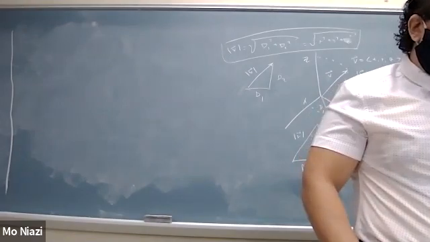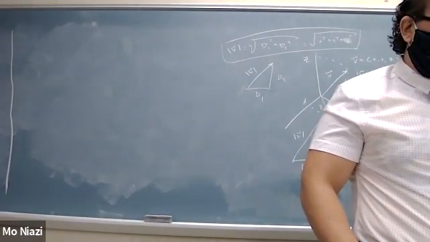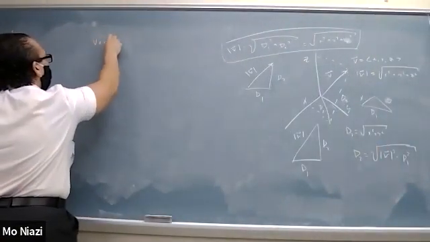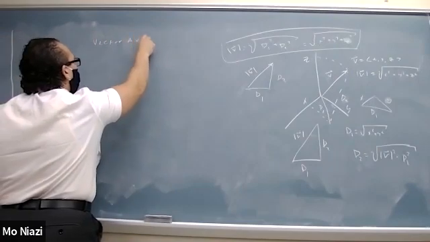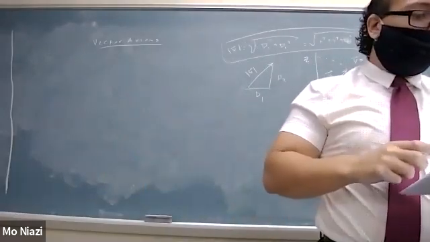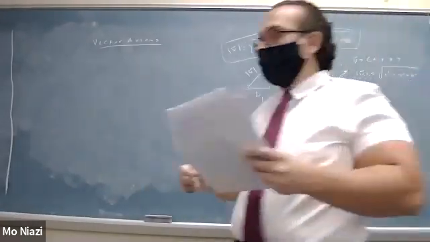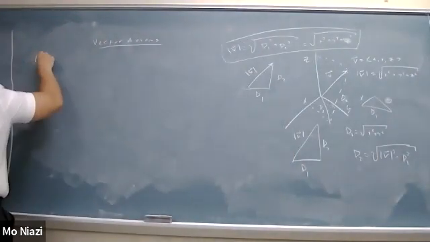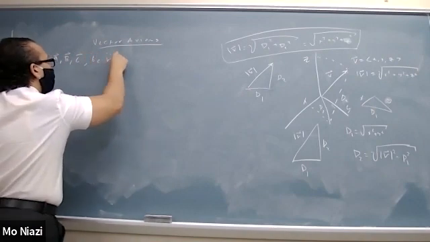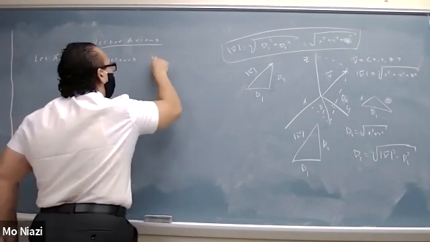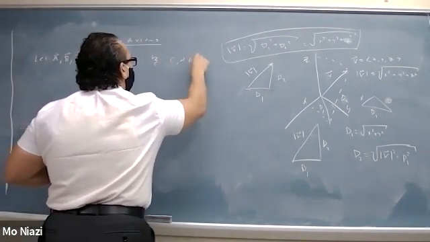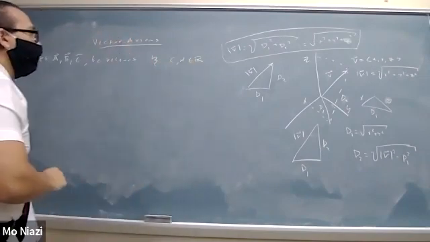So we talked about subtracting vectors. We already talked about that. Now let's talk about the vector axioms. Let A, B, C be vectors, and let C and D be scalars, real numbers.